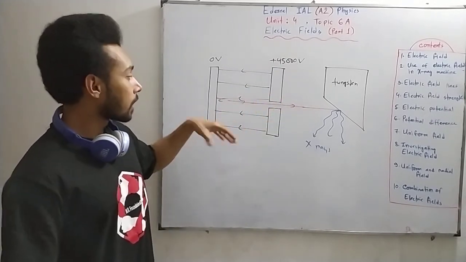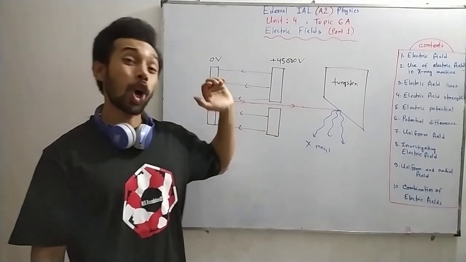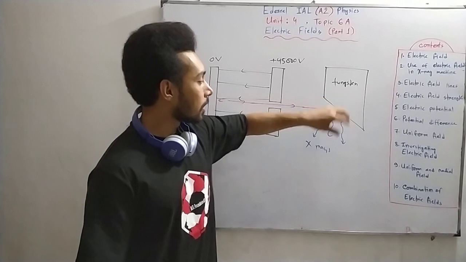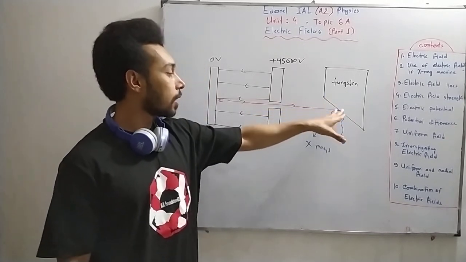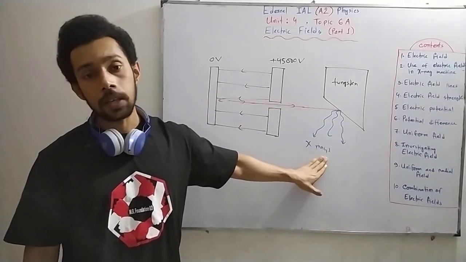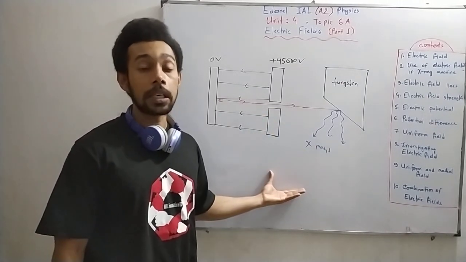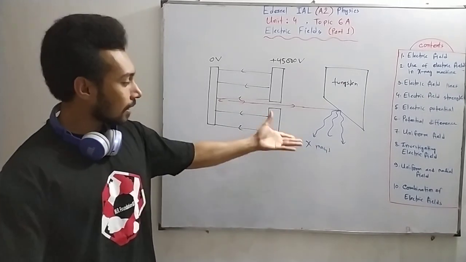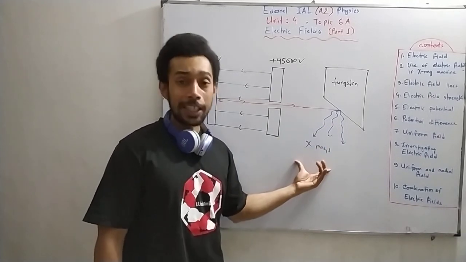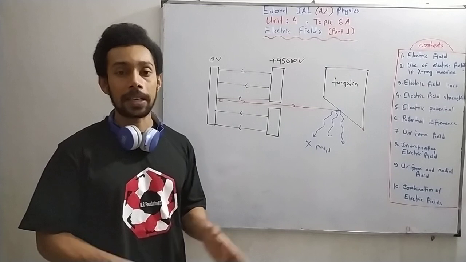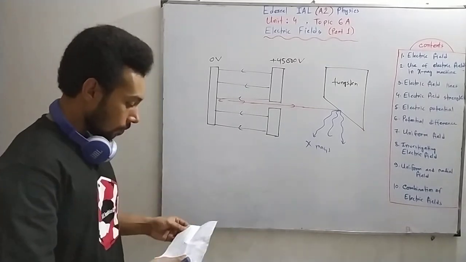Or we can say when a fast moving electron is stopped by a metal target, the kinetic energy of the electron is absorbed by the metal atom and X-rays are emitted from the metal atoms. That's how X-rays are generated in an X-ray machine. Later these X-rays are collimated to form a parallel beam of X-rays.